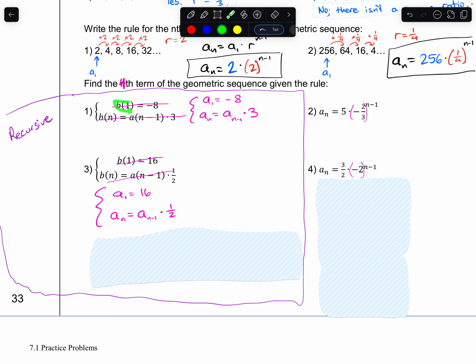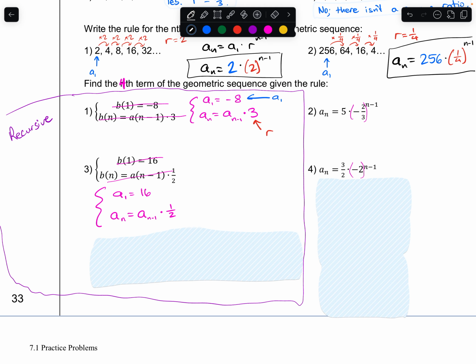And this is more like function notation, which still works, but we're going to use subscripts instead. So A sub 1 is -8, our first term, and A sub n, or the nth term, is just the term before it times 3. So if each term is the term before it times 3, then really what we're saying is that's our first term, and 3 is our common ratio.